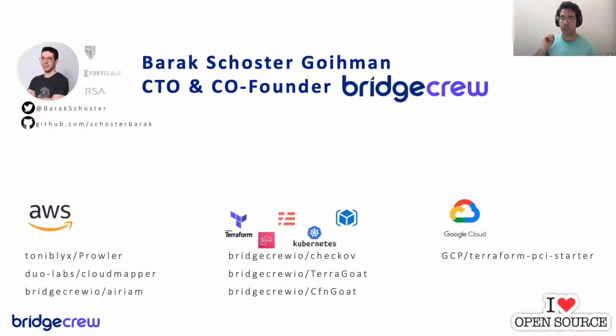If you want to discuss some other projects after this talk, I am a contributor to various open source projects around AWS security, Google Cloud, and Azure. Prowler is an API polling, runtime security tool for configuration in the AWS cloud. CloudMapper is a great project with a similar goal and with asset inventory features. RAM is a least-privileged role open source project. There is Checkov, which we're going to focus on, and TerraGoat.